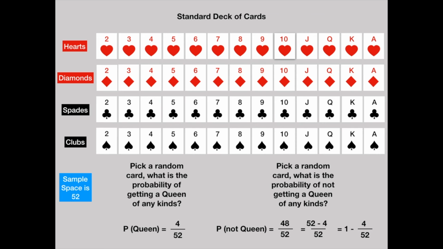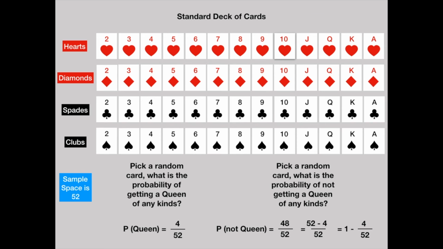What if you pick a random card, and what is the probability of not getting a queen of any kind? So you can pick any card, but not a queen. Again, we want to count the number of possible outcomes of this event. It could be a 4, a 6, a 9 of diamonds, and so on. We counted, and we found that there are 48 of them. The probability will be 48 out of 52.